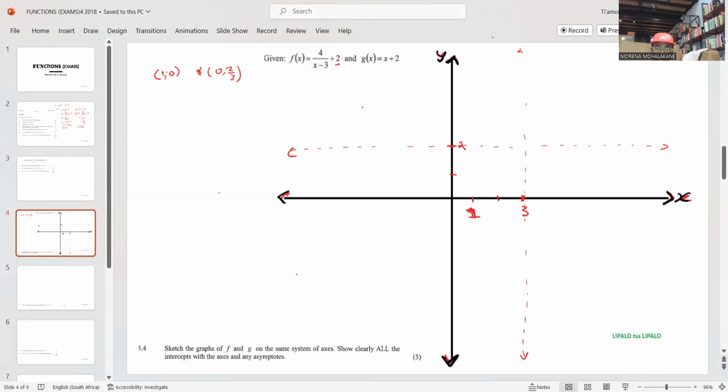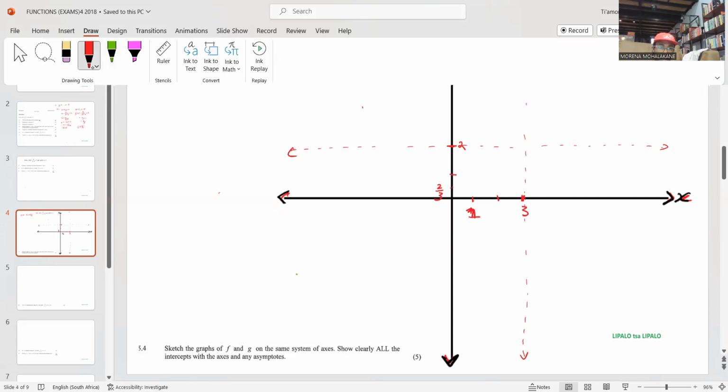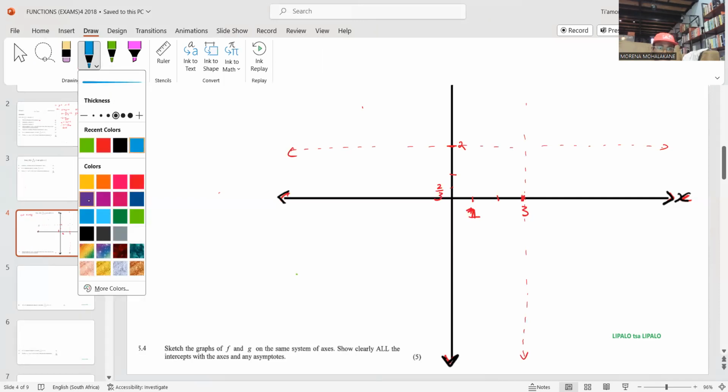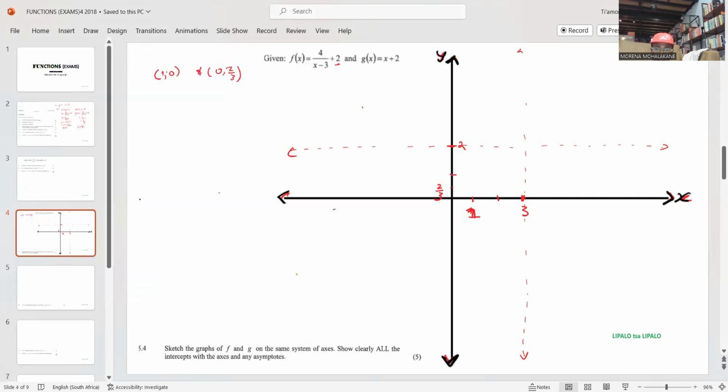Then 2 over 3 can be here. So my graph has the intercepts here. Then I have something coming along this way, and another one in this interval here. And then this is F.